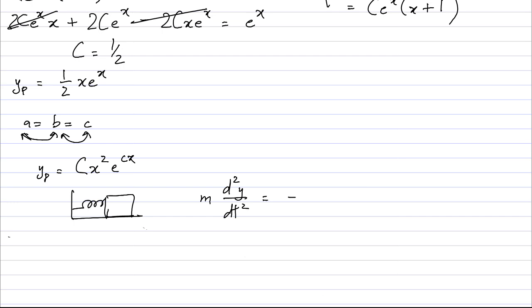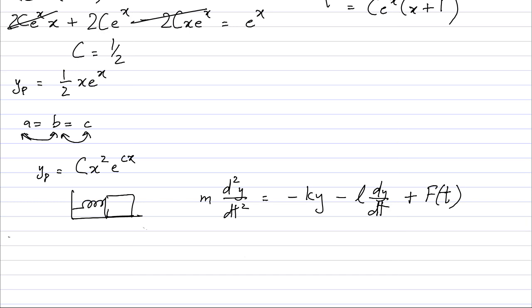This is equal to minus ky, by Hooke's law. You also have a damping term, and you can also add in some external force, which is time dependent. This is the force with which you are periodically pushing the block, so it is a function of time.